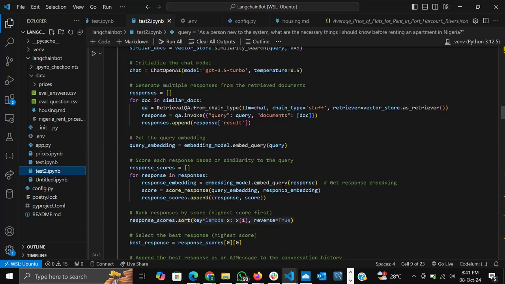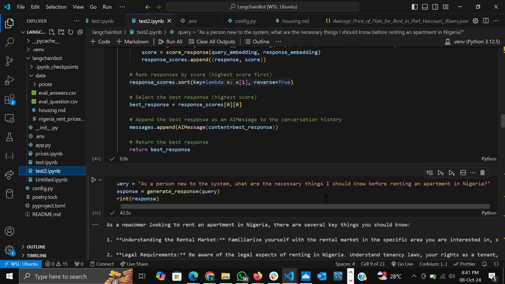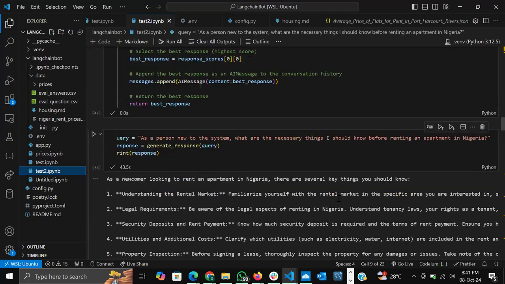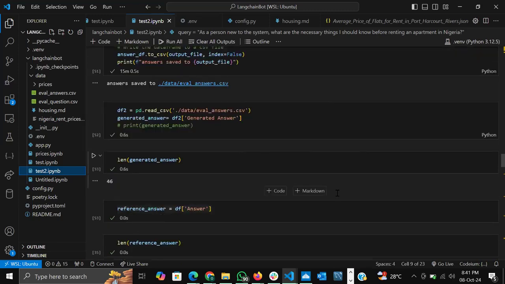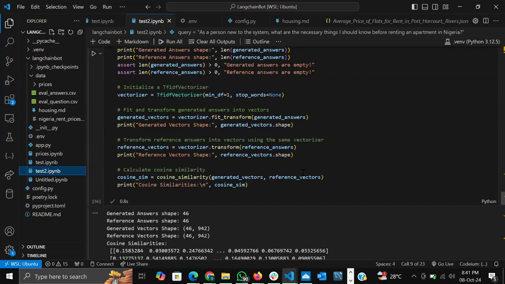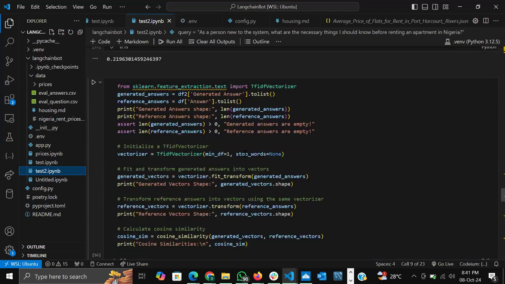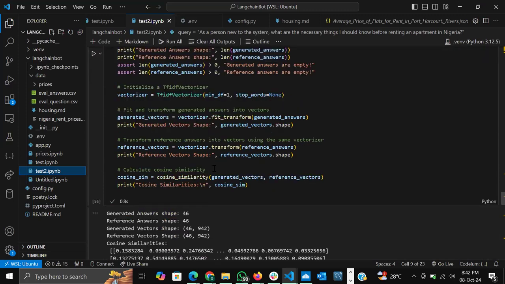I came up with an idea of writing cosine similarity metric code to gauge how well it was performing against what I had. So here is the similarity code I wrote for the cosine metric, and I weighed each of the results to see what questions it was answering perfectly fine and the ones it was not doing so well with.